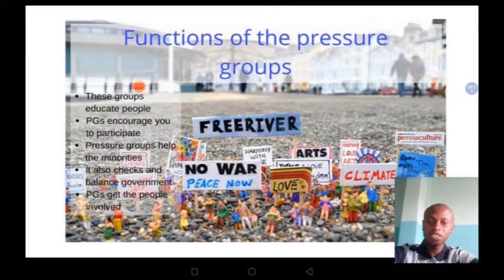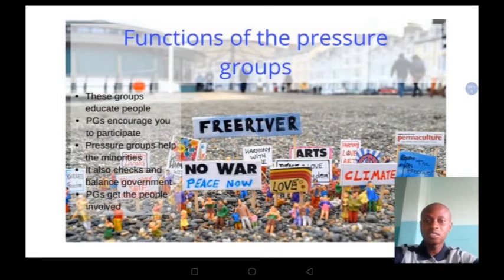You can see people with their placards, registering either their dissatisfaction or tabling before the government what they want, and so on. Now, we said that these groups educate people. Yes, they educate people, enlighten and sensitize the general public as regards their rights, the reason why they should be involved in political processes, and so on.